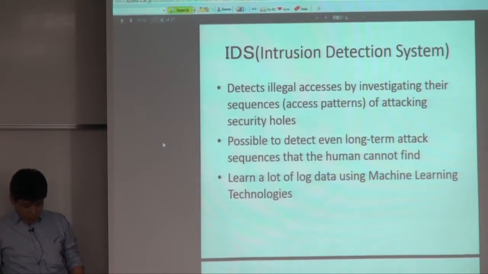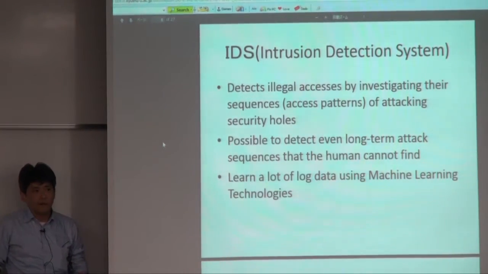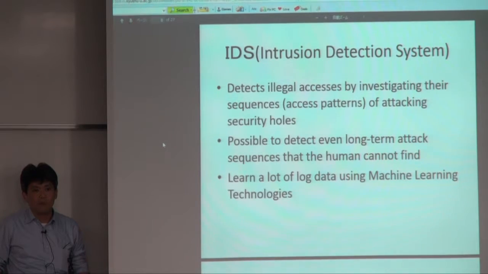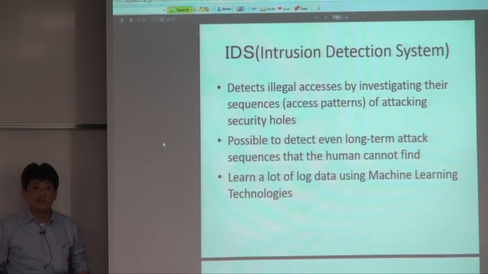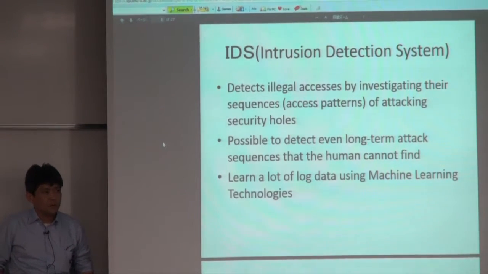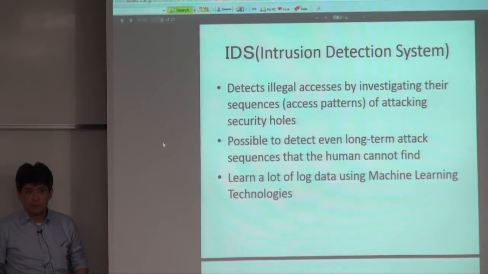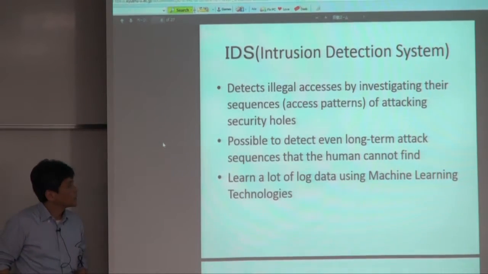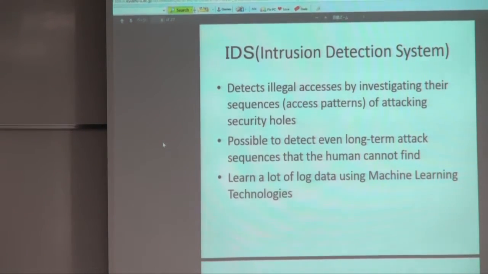The difference between the IDS system and the firewall is that the IDS system can find illegal access by analyzing the access pattern of the illegal access using high intellectual algorithms, for example, machine learning technologies. So this is the difference.